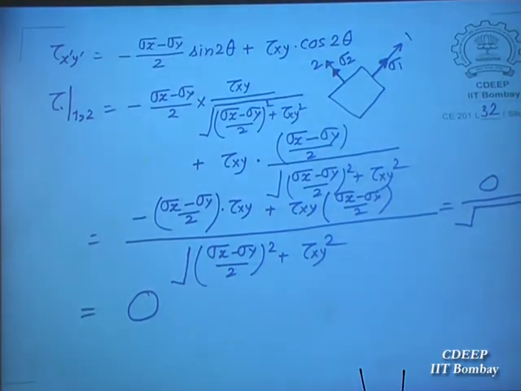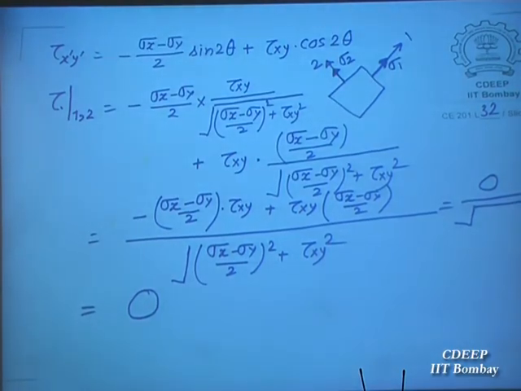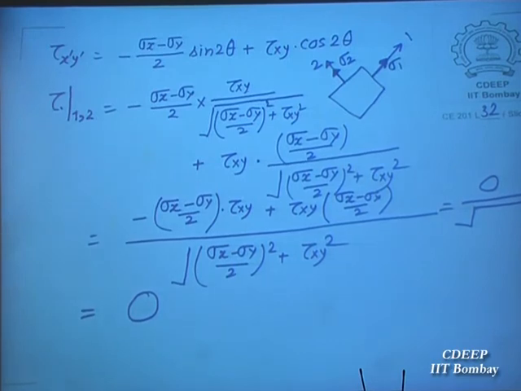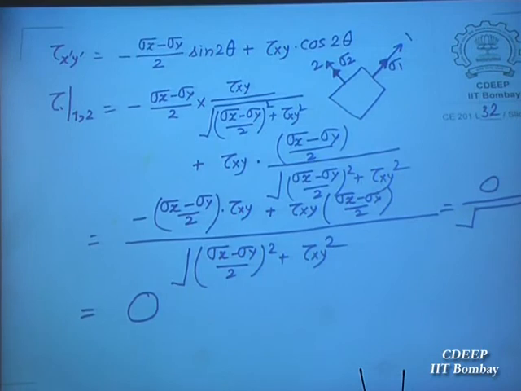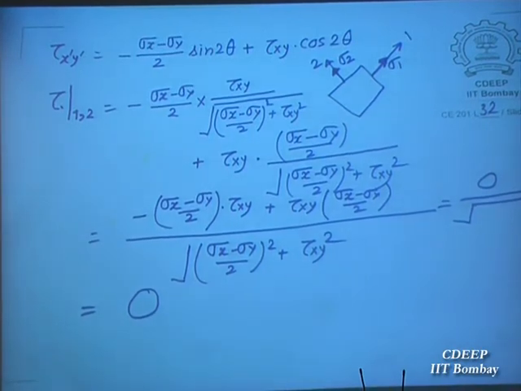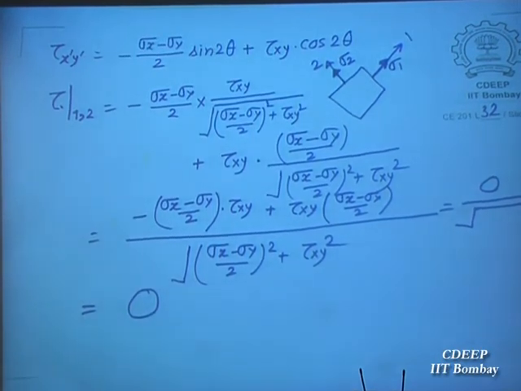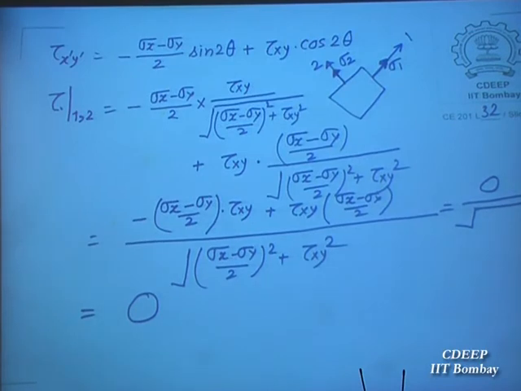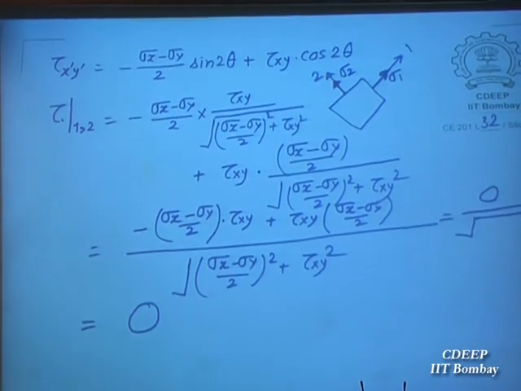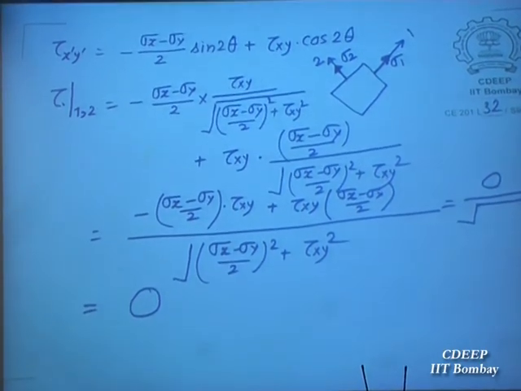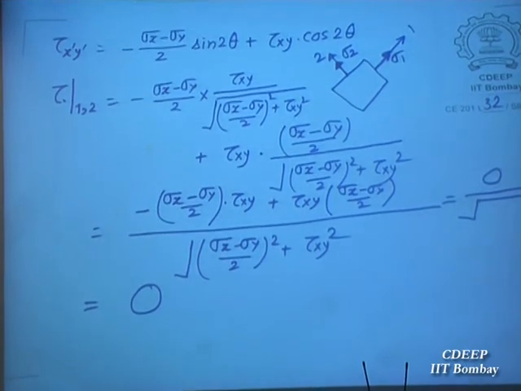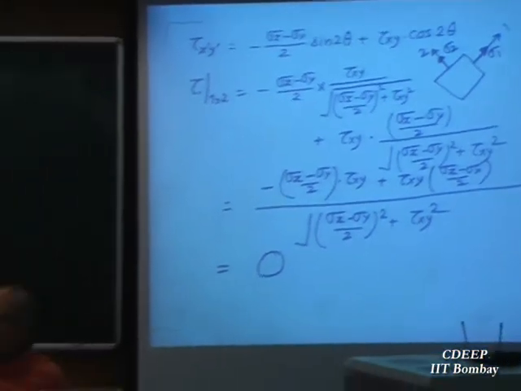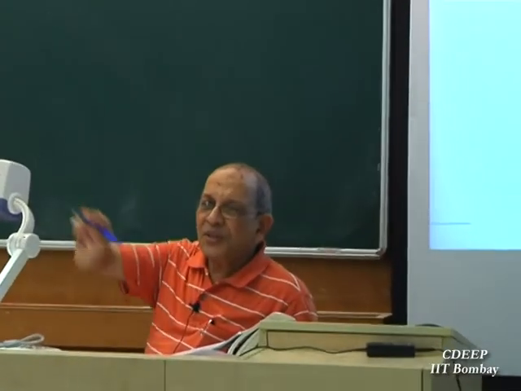Be happy with sigma x, sigma y, tau xy. But what is the purpose? What is the need for finding out these values, rotating the element and finding out the direction?